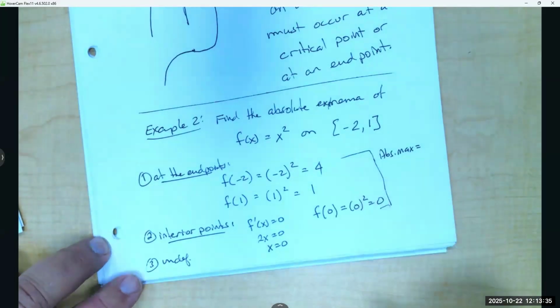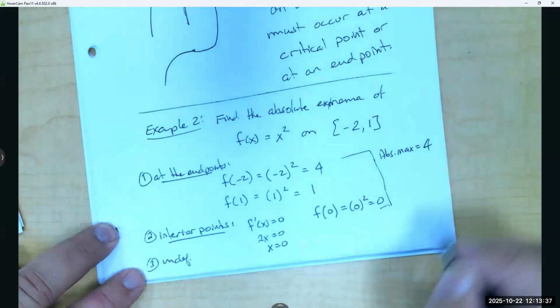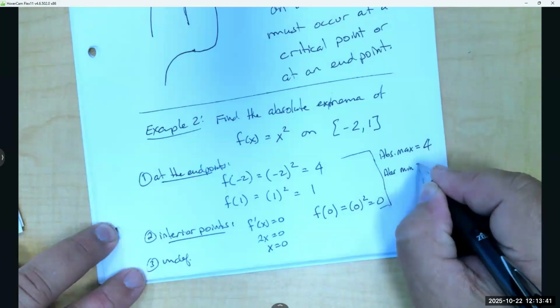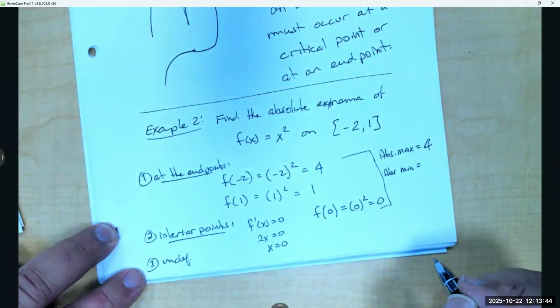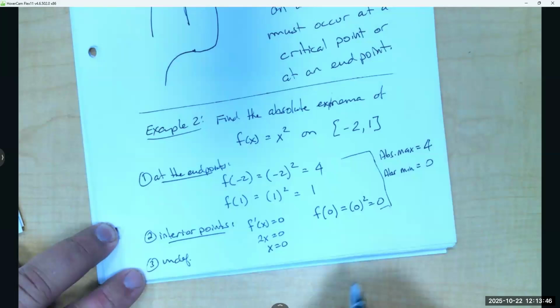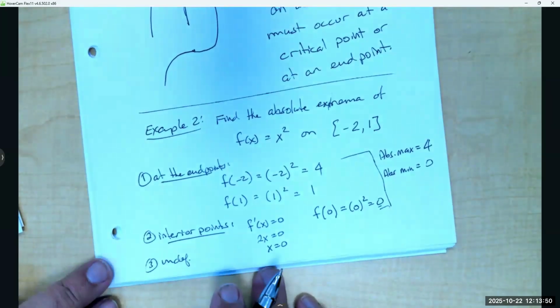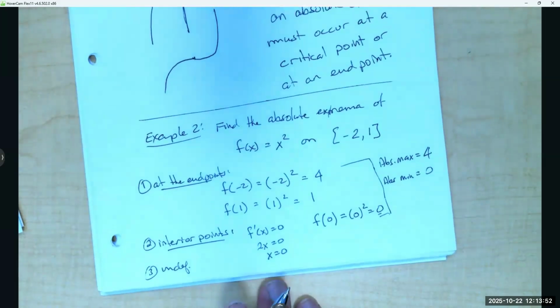What's the biggest number? 4. What's the absolute minimum? 0. So those are our absolute extrema.